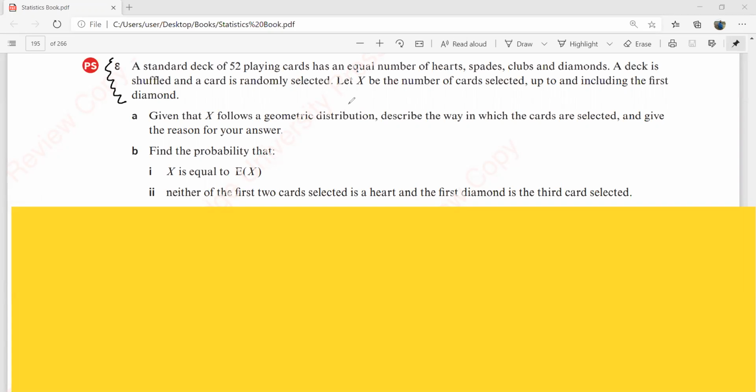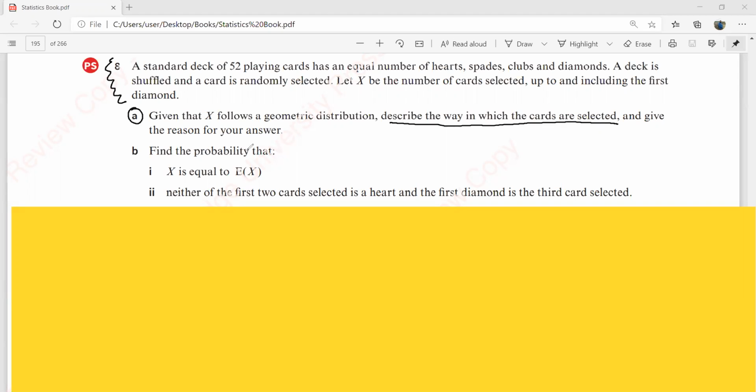So if you're going to pick a card, you must replace it. So in this A part, given X follows a geometric distribution, describe the way in which the cards are selected. That is the way where you pick a card, and before you pick the second card, the first card has to be replaced. And the reason for this is that we want the probabilities to remain fixed.